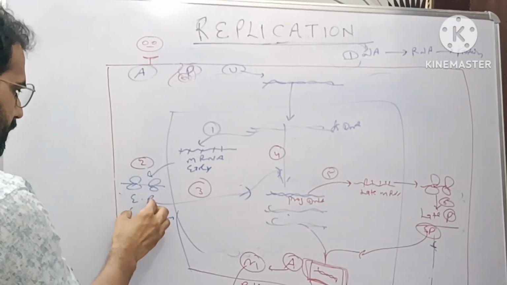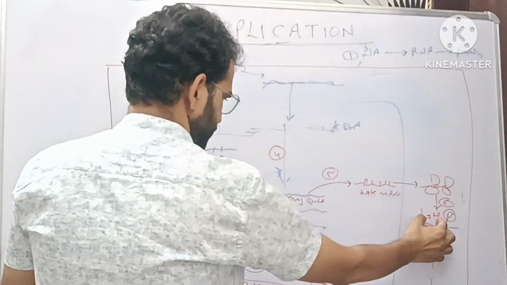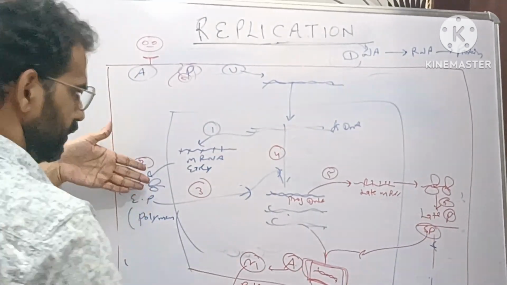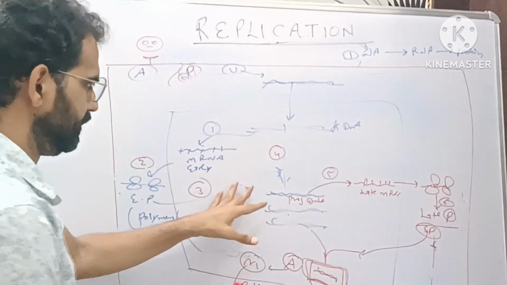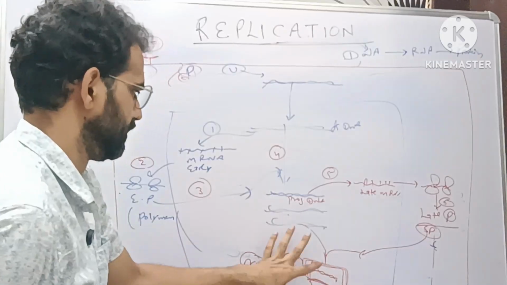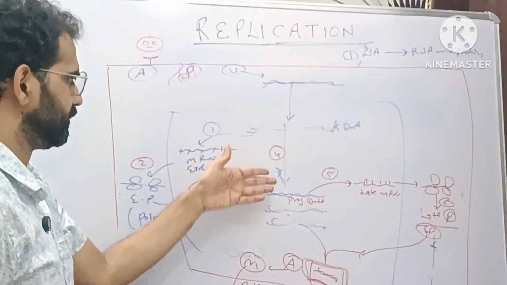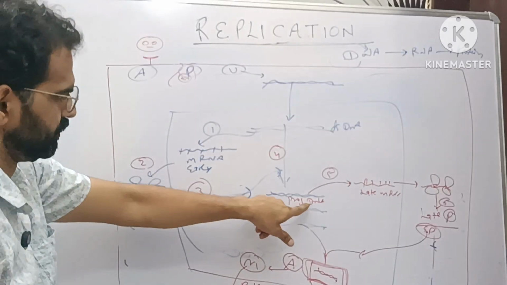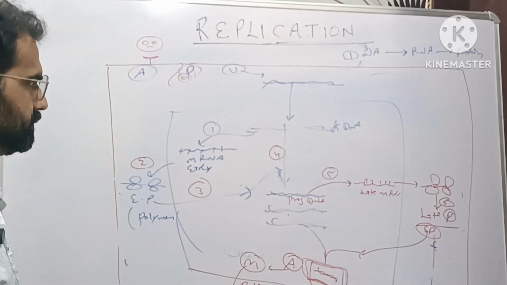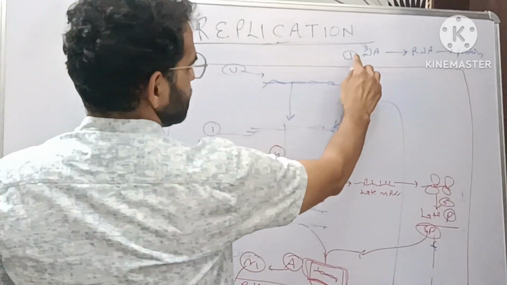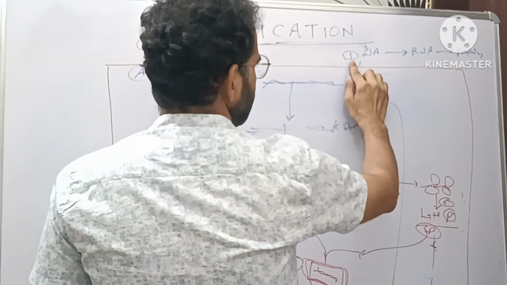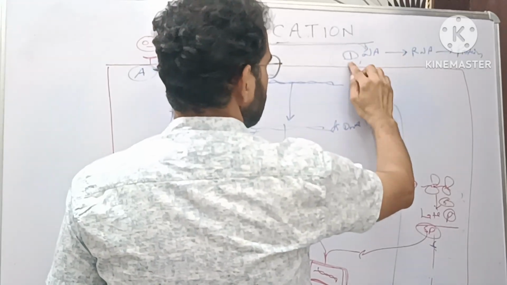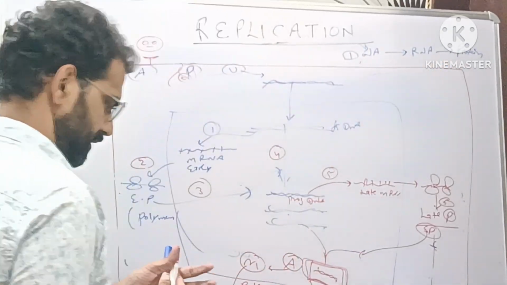So early protein synthesis and late protein synthesis, both products come inside the nucleus. One functions for the assembly, one helps in the genetic material synthesis, progeny copies. In this way, all the 3 steps of the central dogma, replication, transcription, translation, occur.